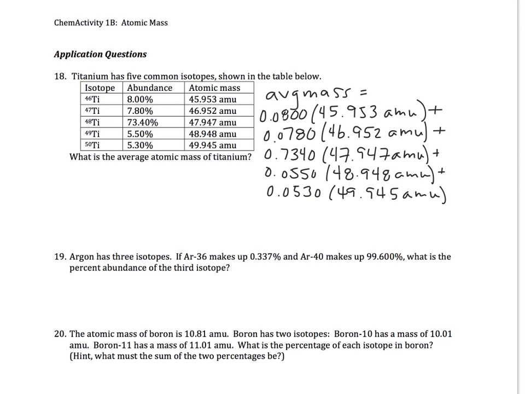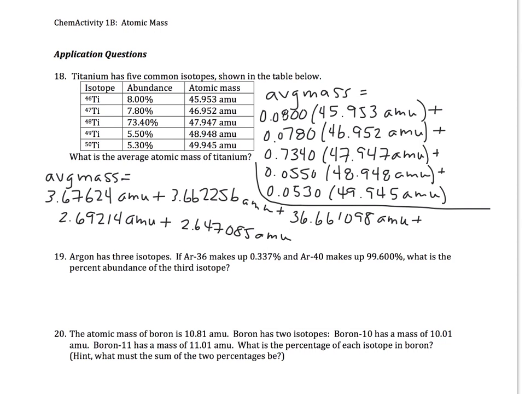The most abundant isotope is titanium-48, which is 73.4%, so that's represented here. And then this is titanium-49, and this is titanium-50. I'm now going to multiply each of these terms, and I'm going to write them below.